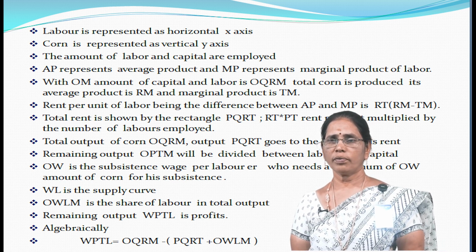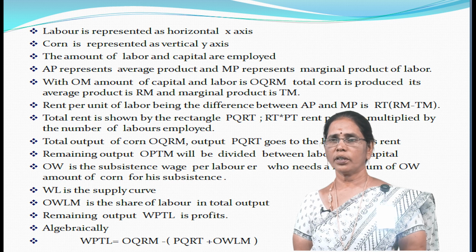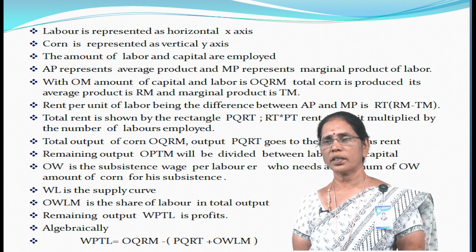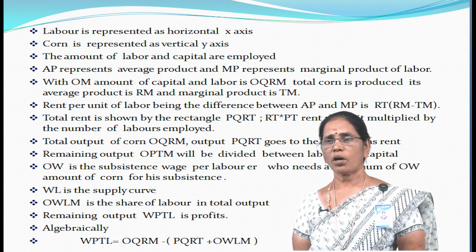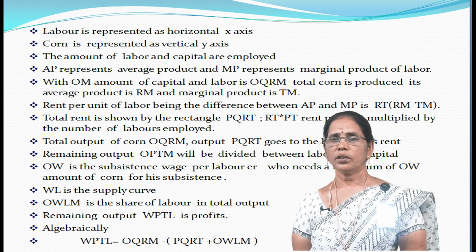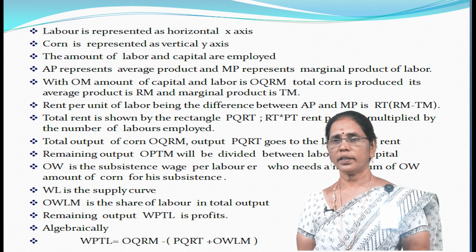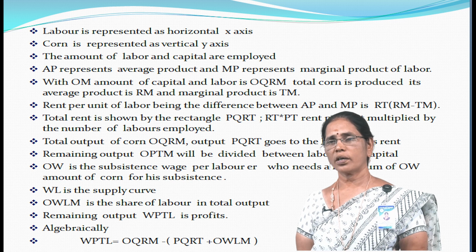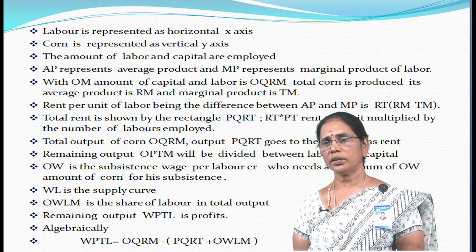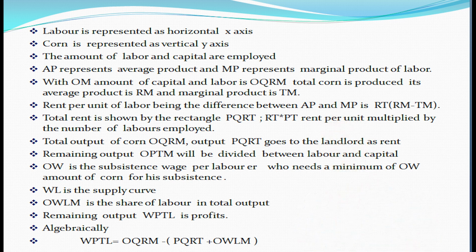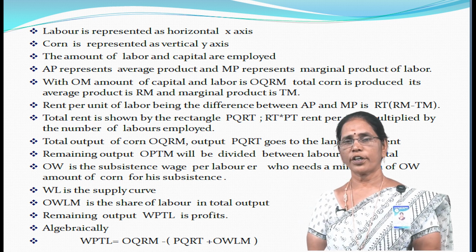Rent per unit of labor, being the difference between AP and MP, is RT, that is RM minus TM. Total rent is shown by the rectangle PQRT, that is RT into PT, rent per unit multiplied by the number of laborers employed.